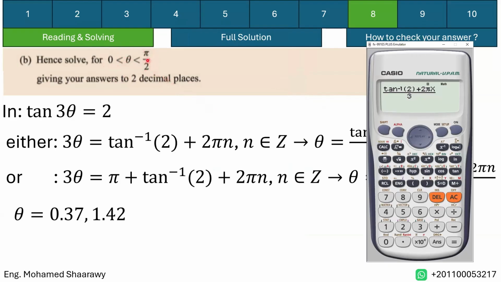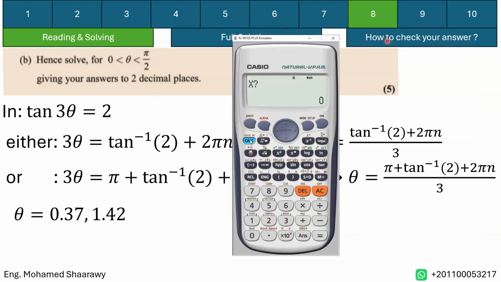Actually, pi over 2 is almost 1.57, so anything between 0 and 1.57 is accepted for me. So let's solve this with 0. I got 0.37, to 2 decimal places, which is this solution. Okay, this is accepted for me.